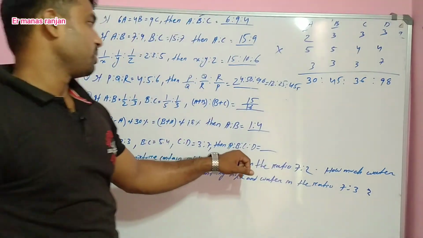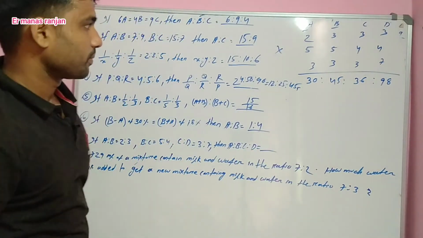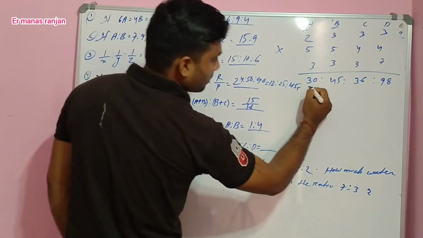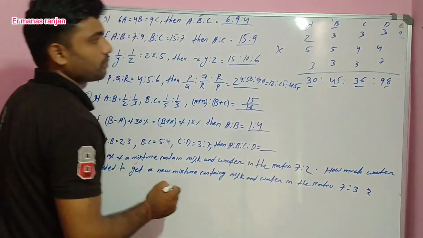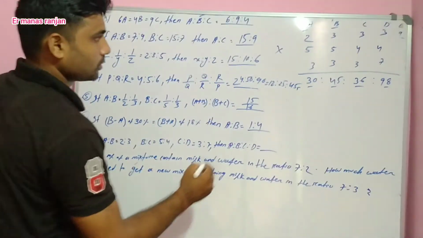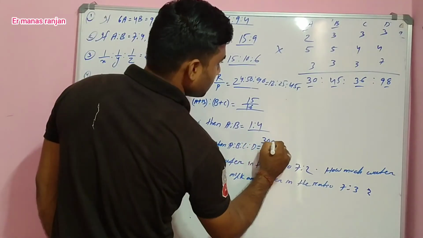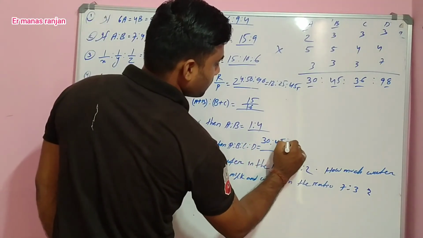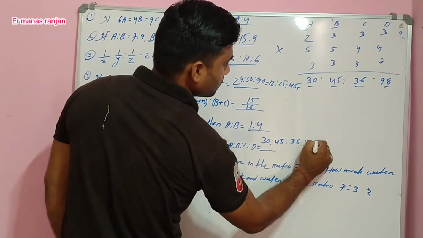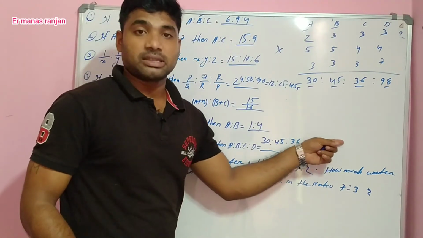Question given: A is to B is to C is to D. This is your ratio. Understood? So 30 is to 45 is to 36 is to 28. It may be written in the simplest form.